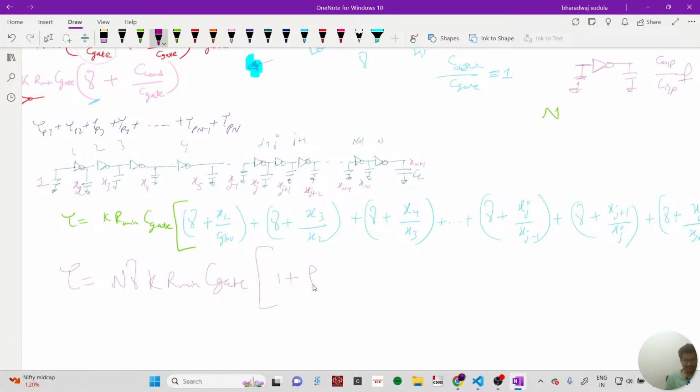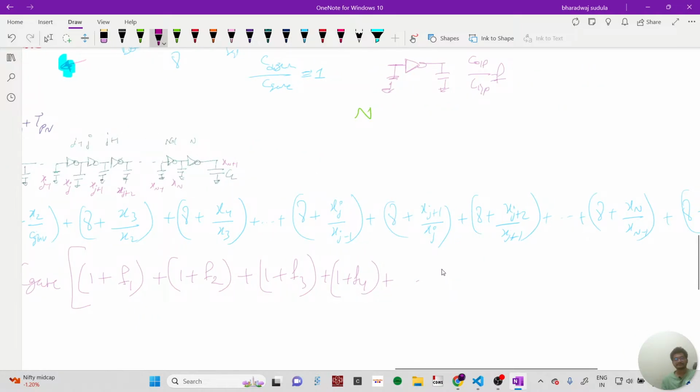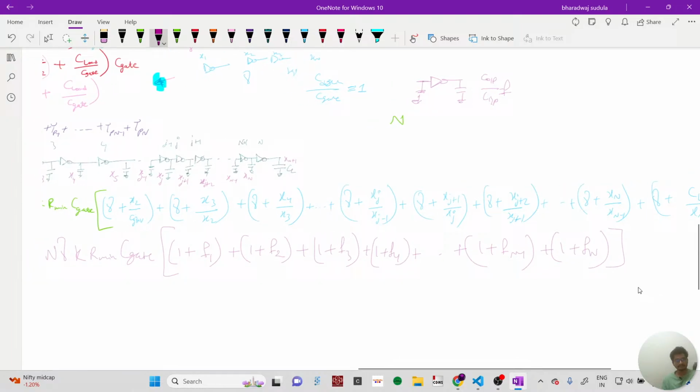So I can write it as 1 plus f1 for the first gate, plus 1 plus f2, correct, 1 plus f3, 1 plus f4, and so on and so forth, 1 plus fn minus 1, 1 plus fn, correct.